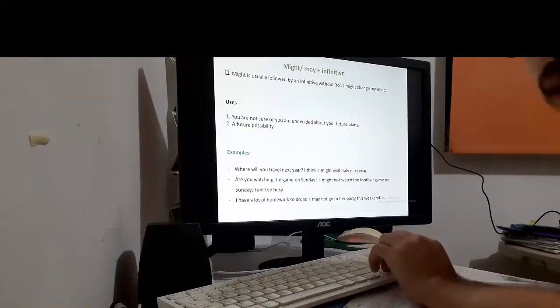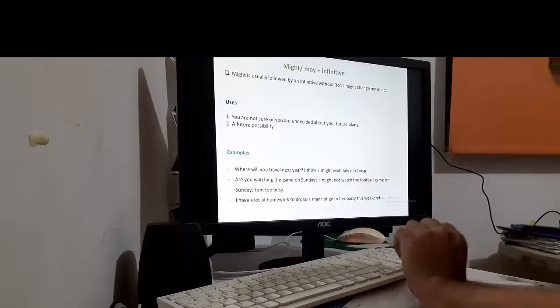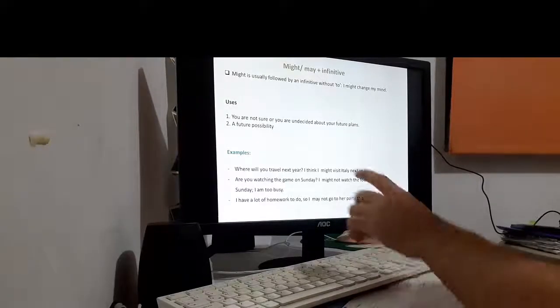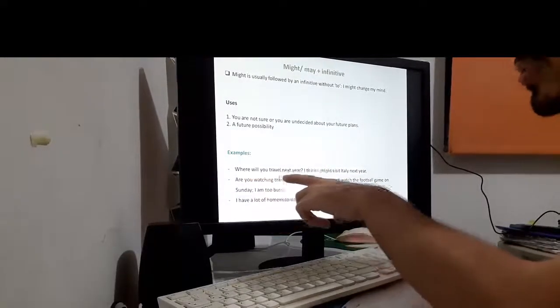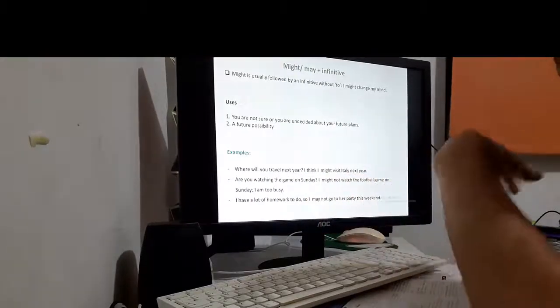So the use of might and may is for something that you are not sure about, or you are not decided to do. It's something undecided. It's something that you maybe don't know, like a possibility. For example, here you have this example. Where will you travel next year? I think I might visit Italy next year.